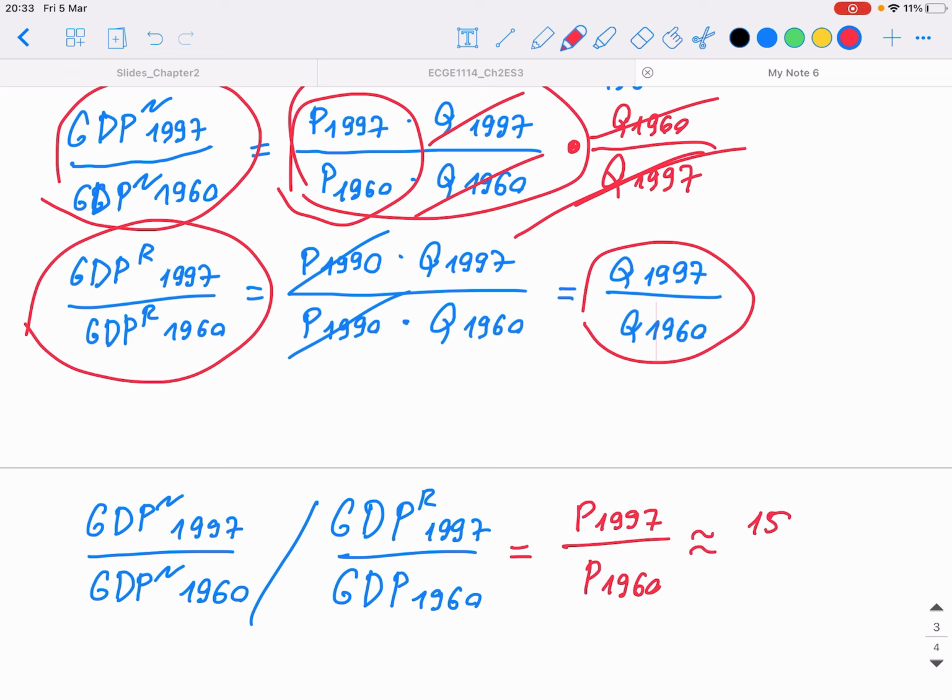And that's 15/3, so it's approximately 5. From here we can conclude that the growth factor of prices between 1960 and 1997 is around 5.